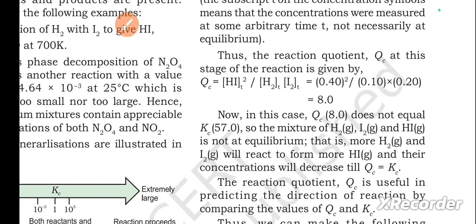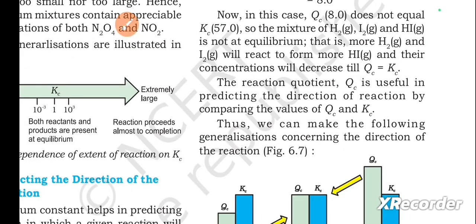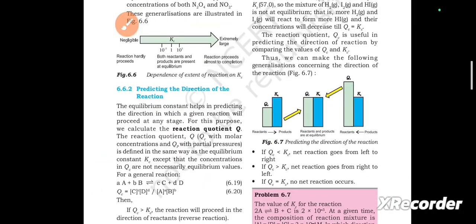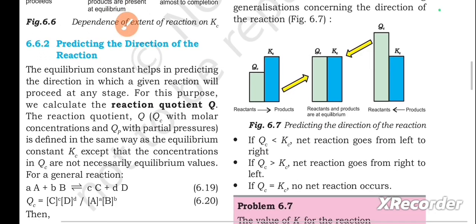That is, more H2 and I2 will react to form more HI and their concentrations will decrease till Qc equals Kc. The reaction quotient Qc is useful in predicting the direction of reaction by comparing the values of Qc and Kc. Thus, we can make the following generalizations concerning the direction of the reaction. Figure 6.7. So, this is the figure. Please check it out.